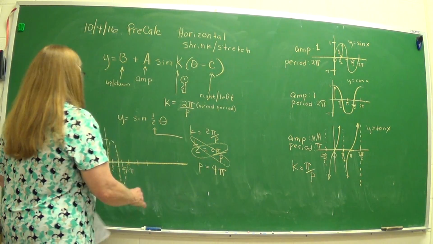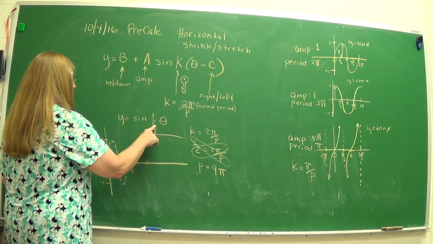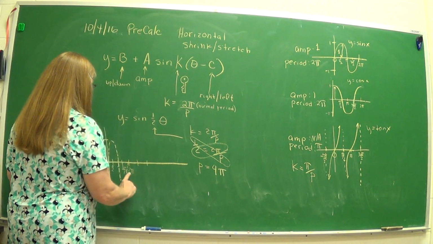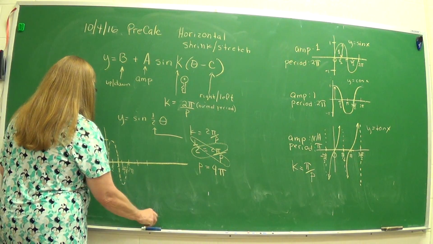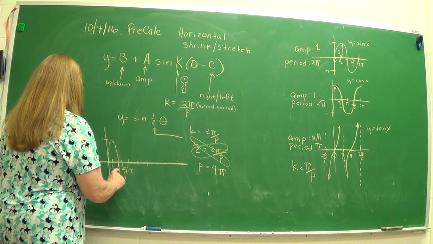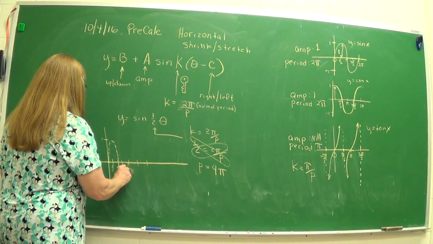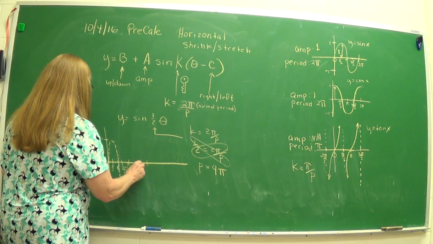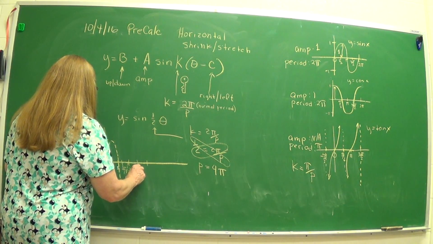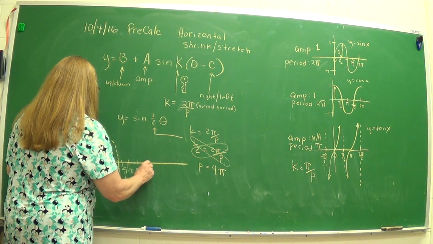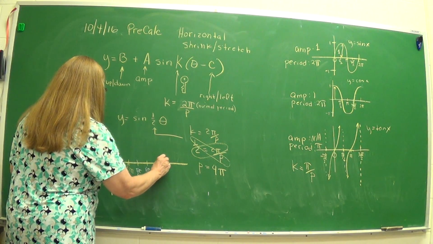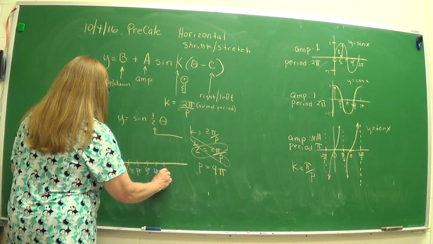Now we're going to see what the 1/2 does to this graph. It causes the period to go from normal 2 pi to 4 pi. So I'm going to put in some more tick marks. So this is 2 pi, this is 1 pi, 1/2 pi, pi, 3 pi over 2, 2 pi, so that's 4 pi, 5 pi over 2, 6 pi over 2, 7 pi over 2, and 8 pi over 2, which is 4 pi.